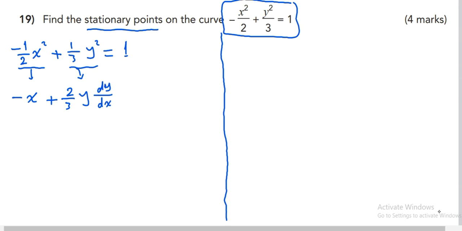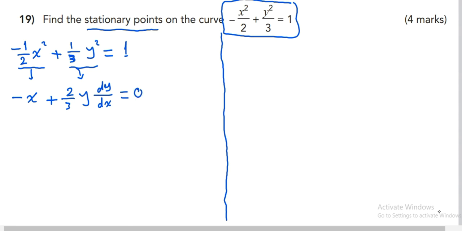So we differentiate each part normally according to its form, but in the part in which we apply the rule of differentiation on letter y, we add dy by dx. Here we apply the rule on the letter x, so we didn't add anything. Differentiation of 1 equals 0.